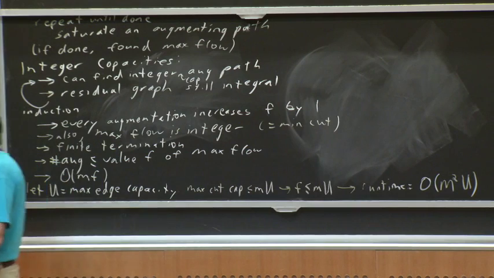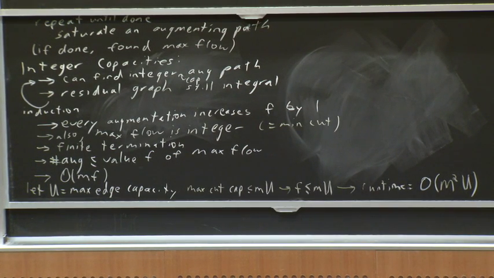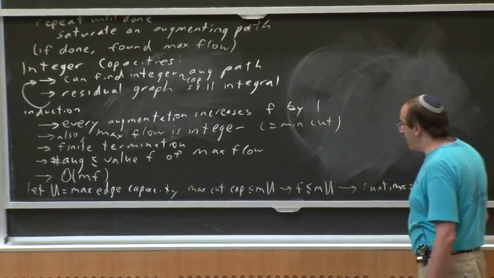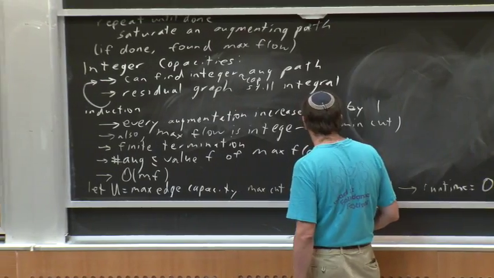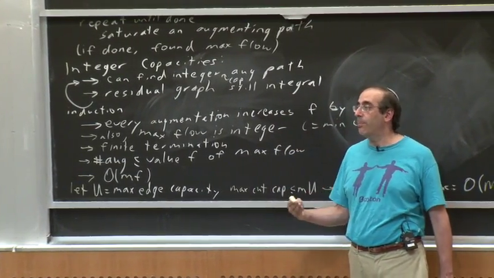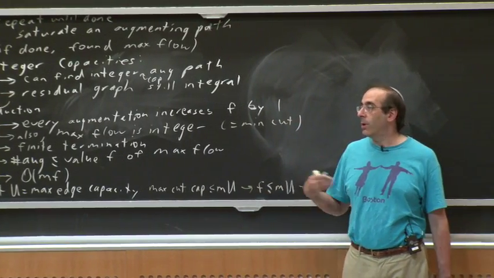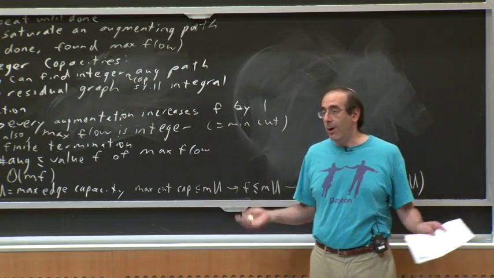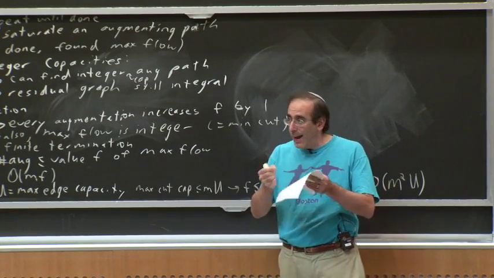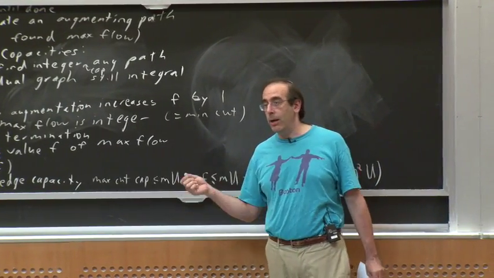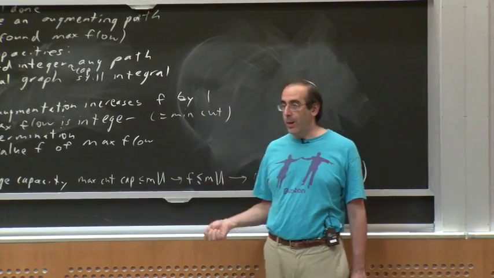Is it also true that the max cut capacity is less than or equal to n times U? Yes, that depends on whether we are considering a so-called simple graph, one where there's only one edge between any pair of vertices, or a general graph which may have multiple parallel edges between pairs of vertices. You might ask, why would we want to make the graph more complicated by having multiple parallel edges?